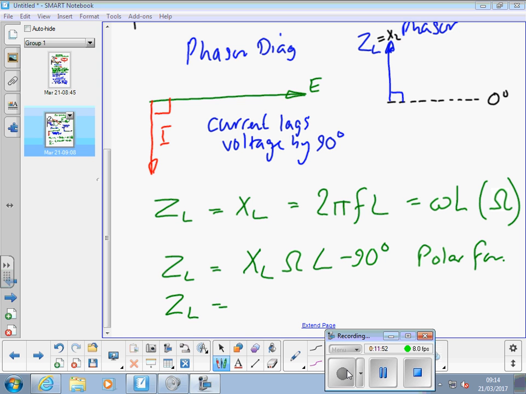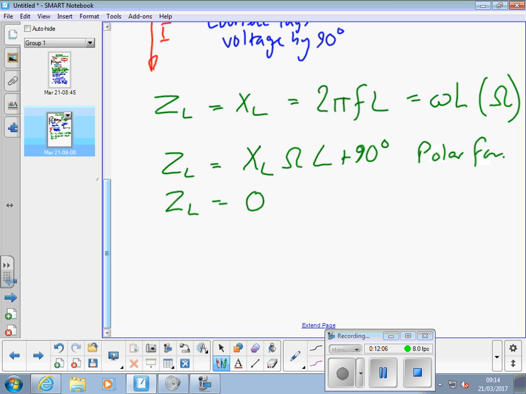ZL equals 0 plus XL j ohms, rectangular form.